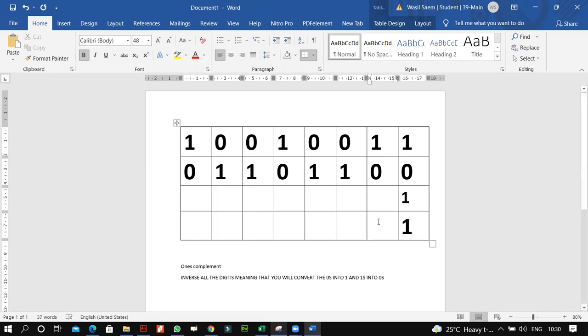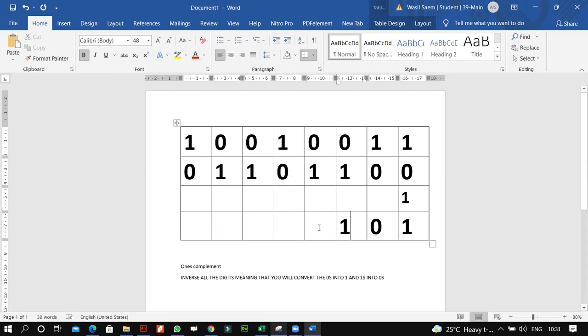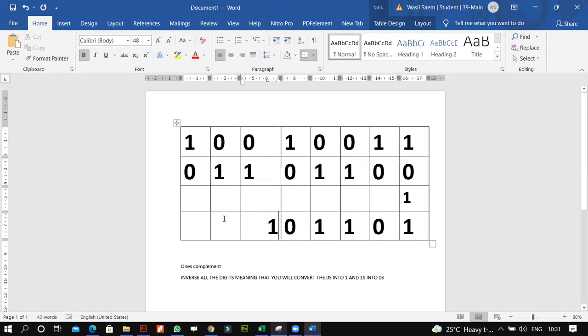I will get 0 here. So I'm adding this, not the first row, the second row and the third row. So I'll get 1 here, 1 here, 0 here, 1, 1, and 0.